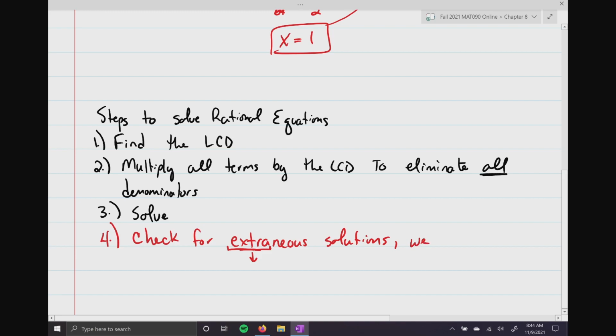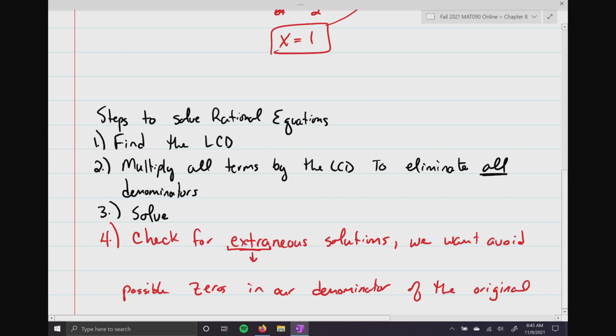Now, the reason why we have to check extraneous solutions is because we want to avoid possible zeros in the denominator of the original equation.